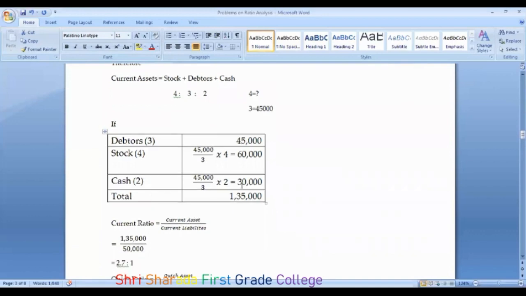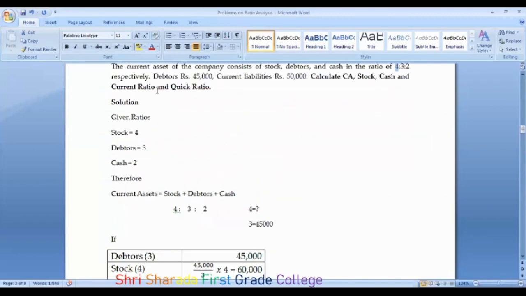So what will be the total? 45,000 was the debtors which was given. 60,000 you have computed. Cash is also computed. So total is 1,35,000, the current assets. Clear? So what was the given information to calculate the current assets? You have calculated the current assets, and there is also current liability of rupees 50,000 already given.